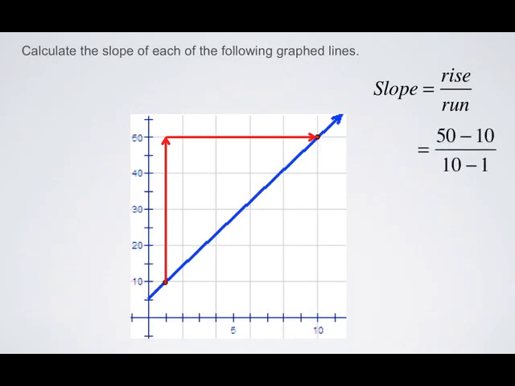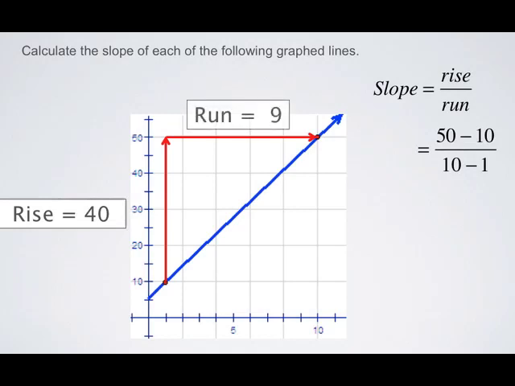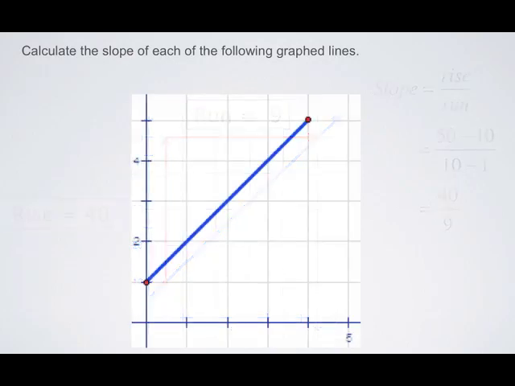We know that the change in the vertical distance was from 50 to 10. That was the first or vertical line. And the change in the horizontal distance was from 10 to 1. The rise was 40, the run was 9. We've calculated 40 over 9. So the slope of this line segment is 40 over 9.